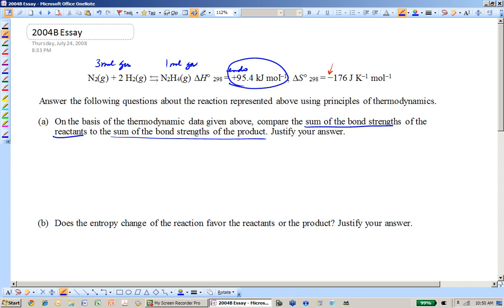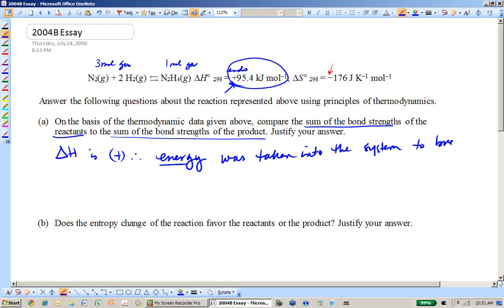All right, so we've got to just put that into words. So delta H is positive. We know that. You're not going to get a point for that because they showed you that right up there. Therefore, energy was taken into the system to break bonds. Energy is released when bonds form.